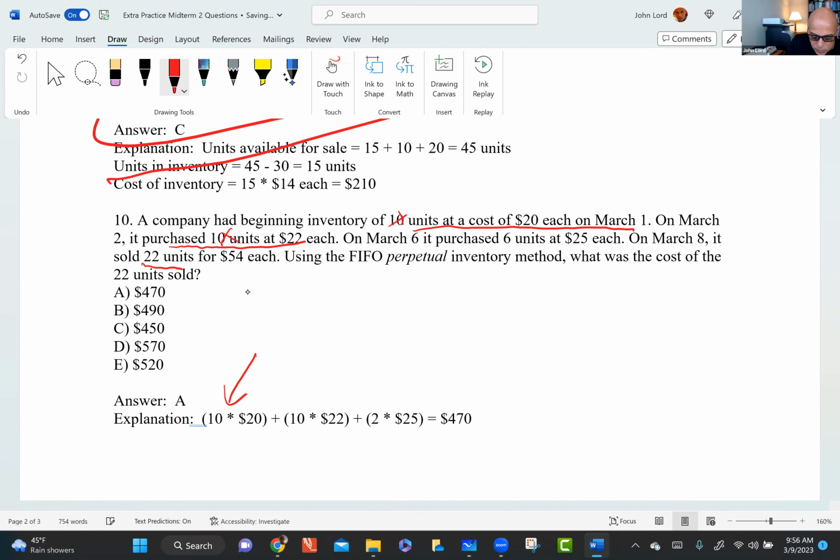I'm crossing that out because they're being sold. But those came in at $22. I still need 2 units to constitute the remaining of the 22 units that were sold. And so I'm going to say, well, okay, I sold 2 of these, right? And those were at $25 each. And so I do the math on that, I get the 470.